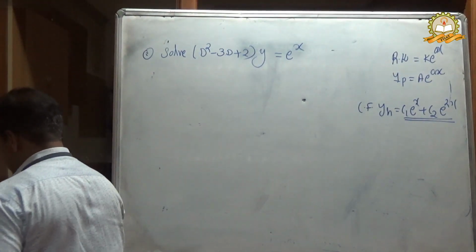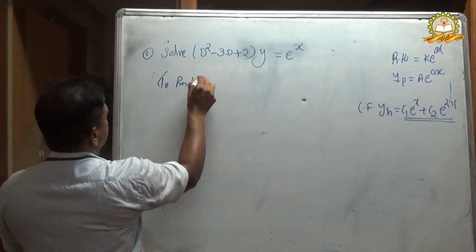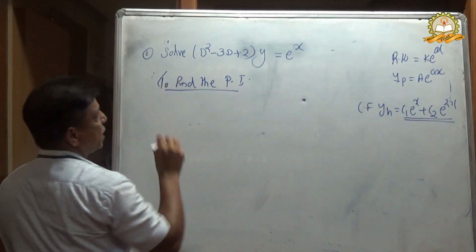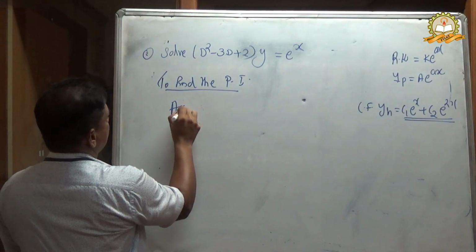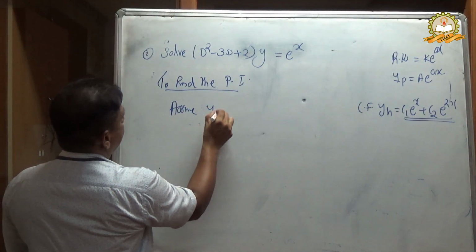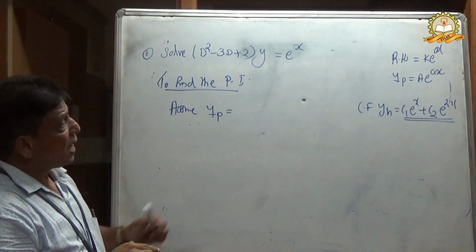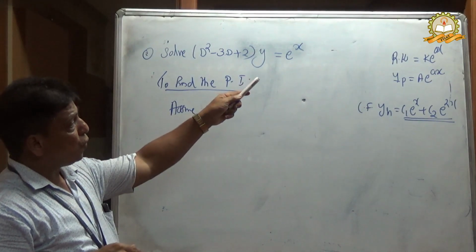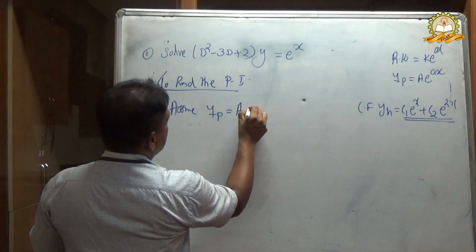To find the particular integral, here we assume yp is equal to, here the right hand side is k into e raised to x form. Therefore, we assume yp as a into e raised to x.